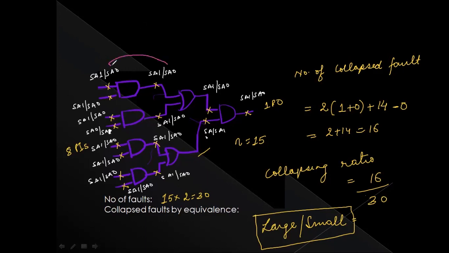It is an AND gate. So this and this, I can cross any two. Similarly, I cross this. Sorry, it is SA0 that will be crossed, not SA1. I retained this one. I'm just doing it randomly.